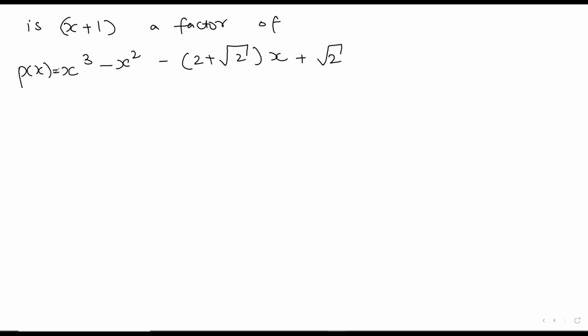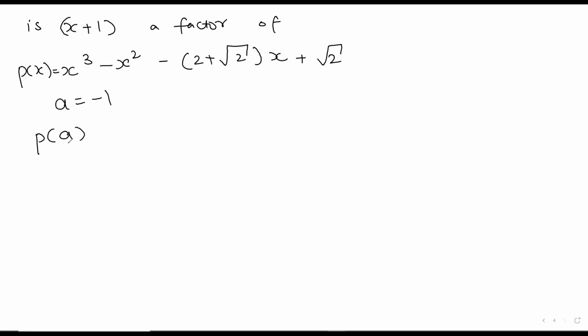Again, choose your wordings carefully, Mridula. You're right, but you just used that wrong. Ma'am, the value of x in p of x is minus 1. Yeah, so basically you mean to say that a is equal to minus 1, right? Yes, ma'am. Now what do we do? What do we find out?